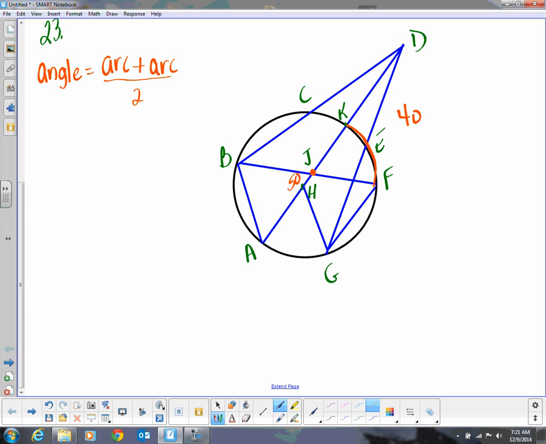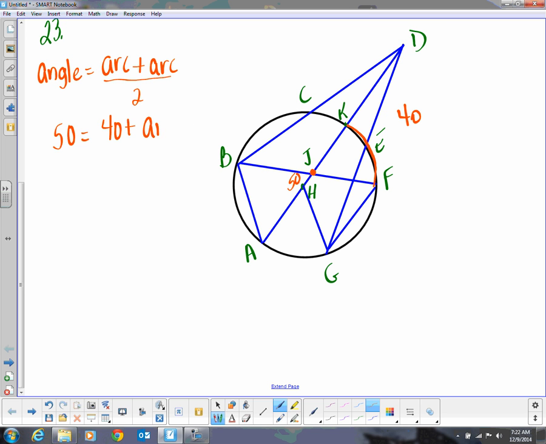If we look at KF, didn't they tell us it was 40? All right, so where do I put 40 in this? Where do I put 50? For the angle, the arc, or the arc? 40 plus, just because this is 40 doesn't mean that's 40, because it's not on the center.